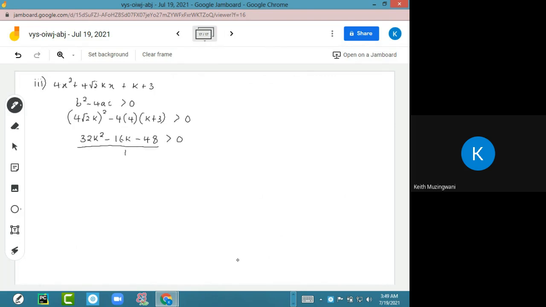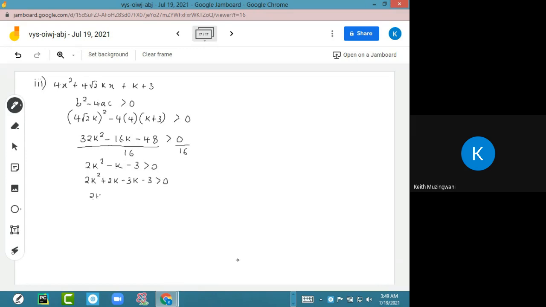Divide throughout by 16, we get 2k squared minus k minus 3 bigger than 0. And then 2 by 3 gives us negative 6 as a product. So the only two numbers we can use here are positive 2 and negative 3.